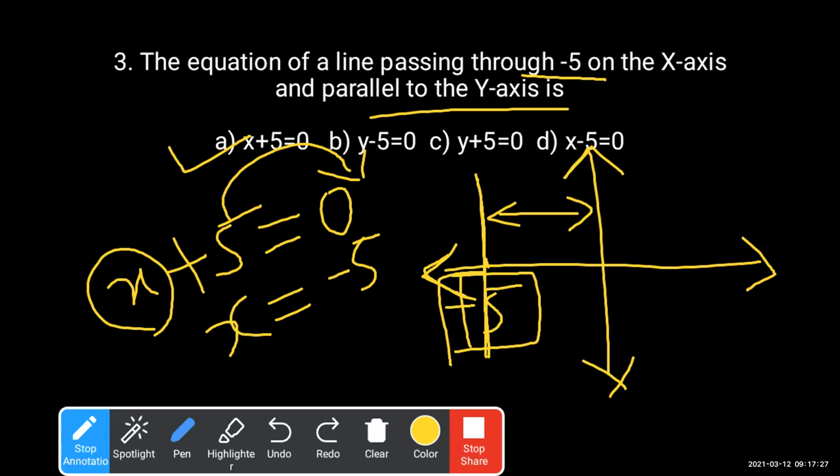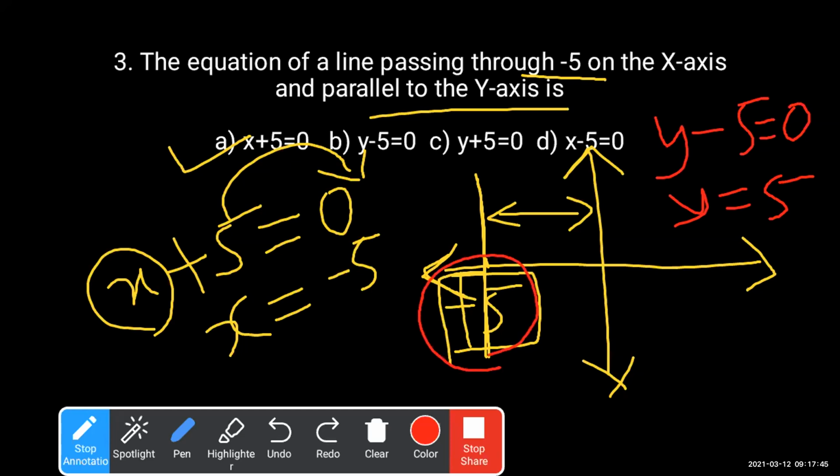If I check this, y minus 5 equals 0. That means y has to be 5. But this particular point is there on the x-axis, and whatever value you got, y is equal to 5, that means this 5 has to be on the y-axis.